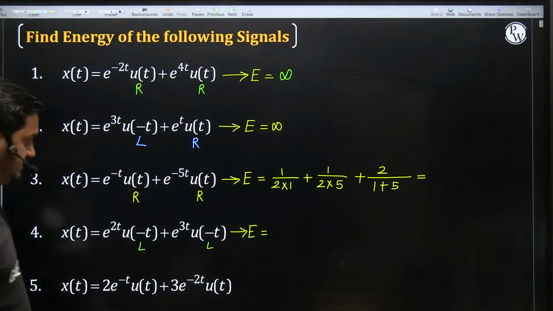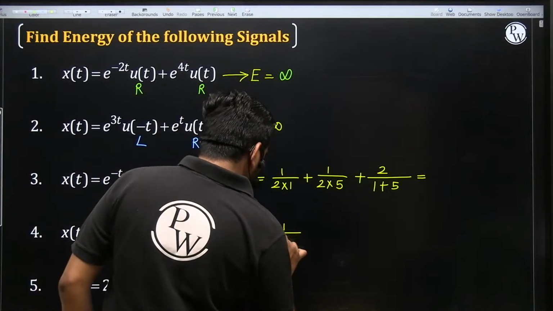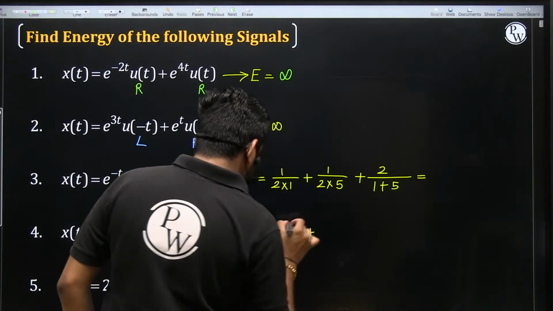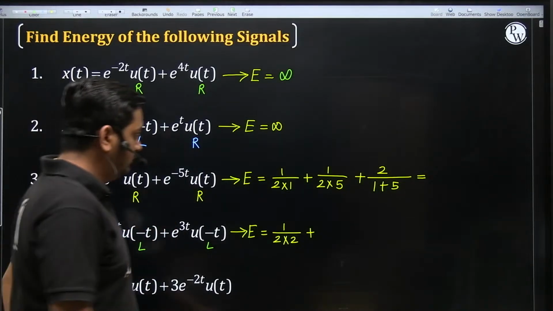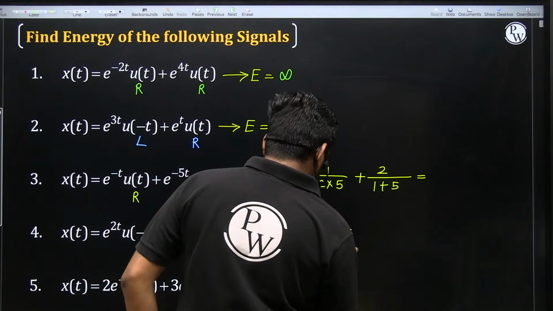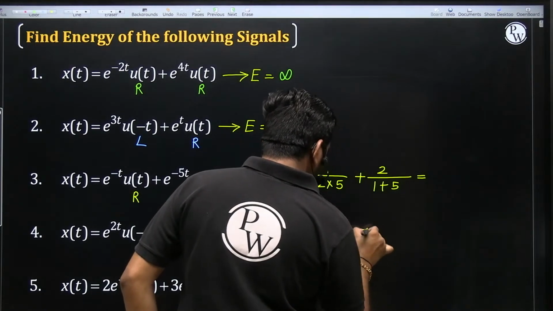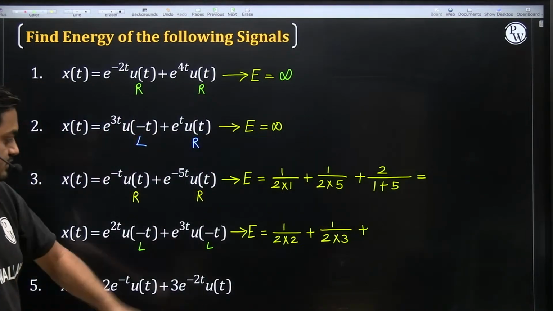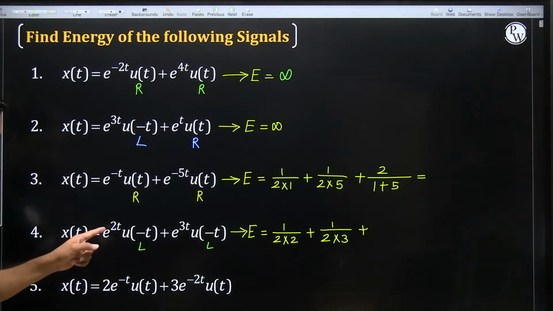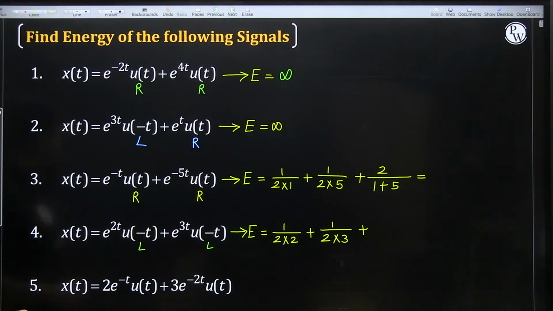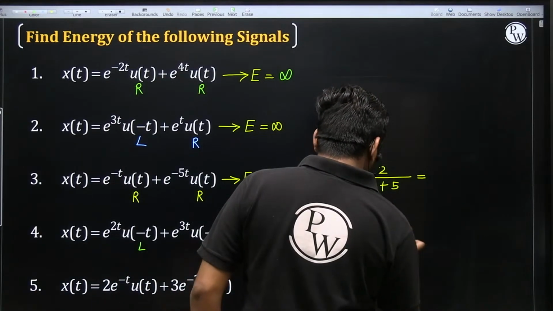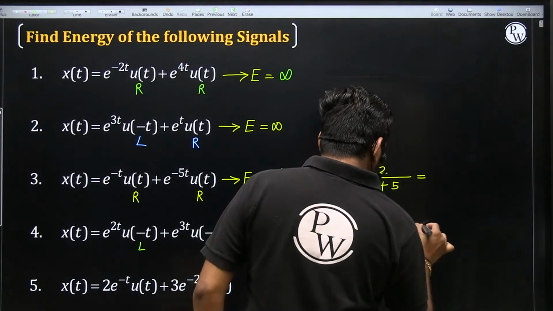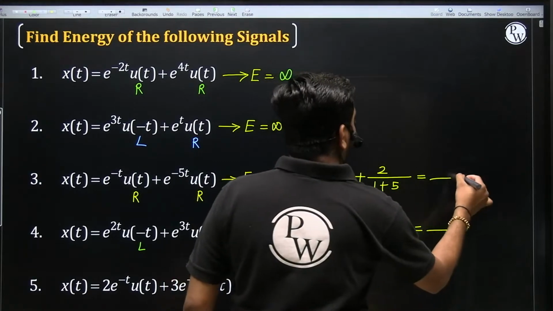Energy of the first signal is 1 upon 2 into 2 plus energy of the second signal is 1 upon 2 into 3, plus, here plus sign, that's why plus 2 upon a plus b. a equal to 2, b equal to 3. So 2 upon 2 plus 3, and you can find the final answer.